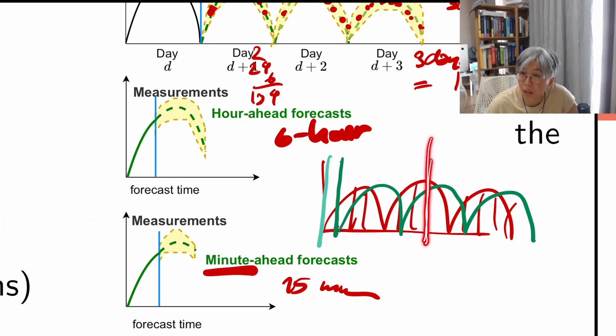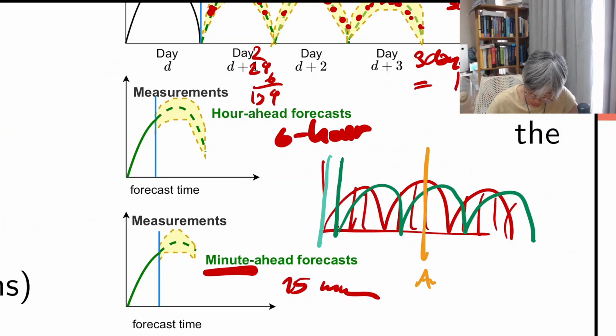If I pick any time here, you have a forecasted value from the red one and from the green one. Let me mark here: let's say this is some day in the future, August 17, 11 a.m.